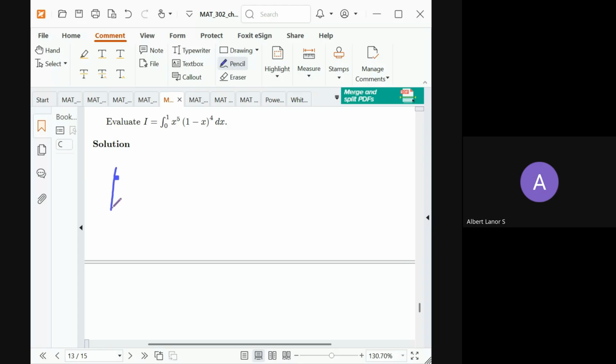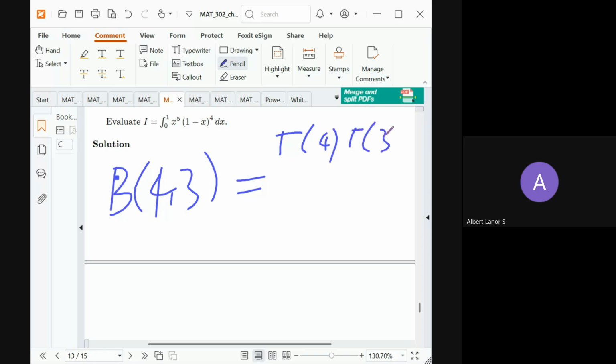So we can say that this is beta of 4, 3. Now remember that the beta function is gamma of the first one. So this will be gamma of 4, gamma of 3, divided by gamma of the sum, gamma of 7.